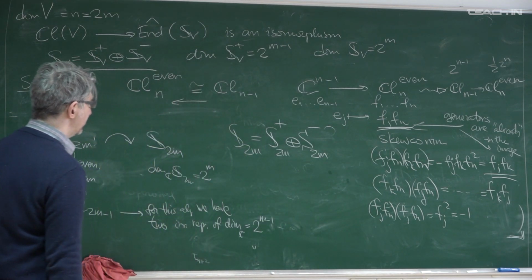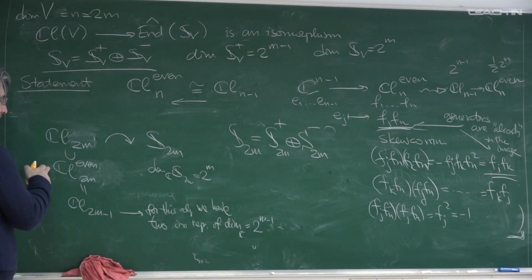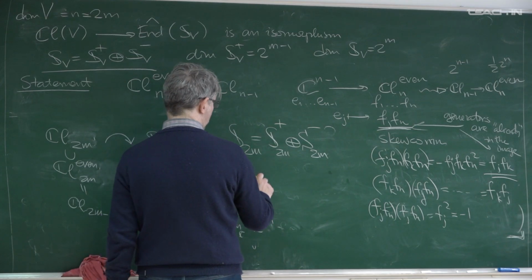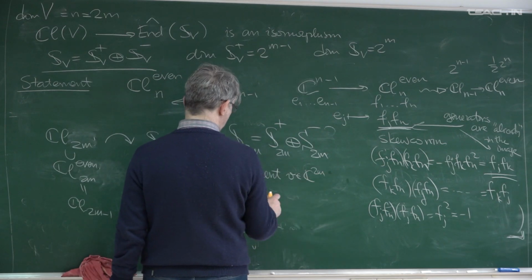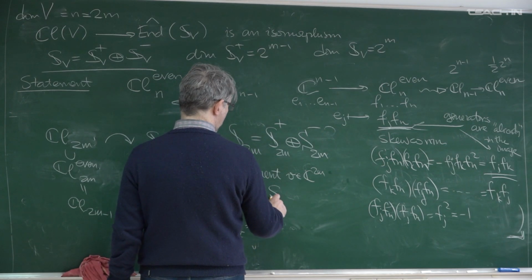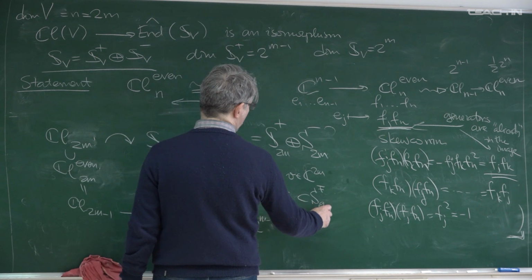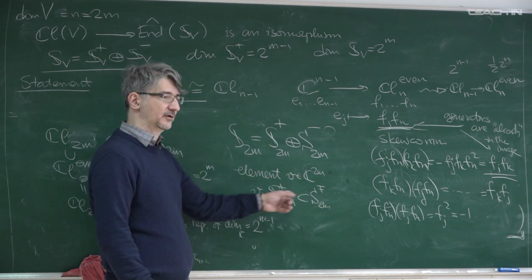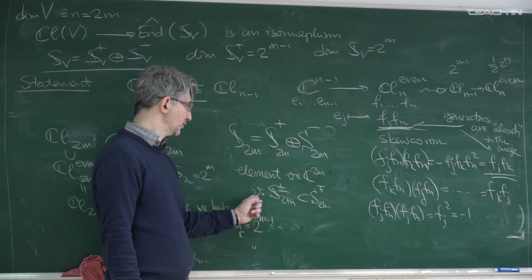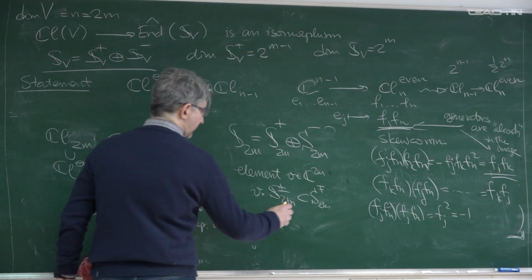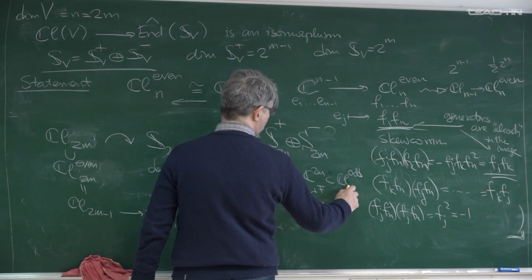What is, I think, obvious is that if you take an odd element V, which belongs to the odd part of the Clifford algebra, and multiply by one vector, this will interchange the order of these summands.